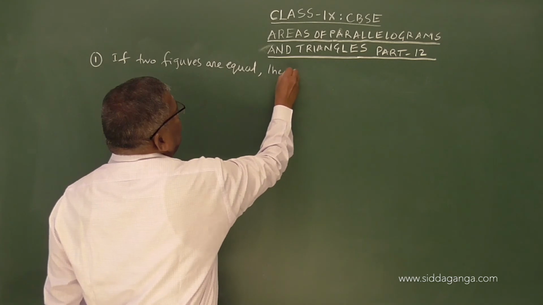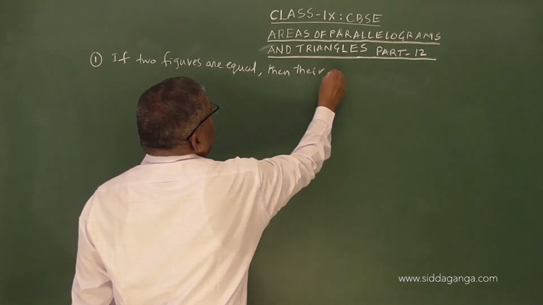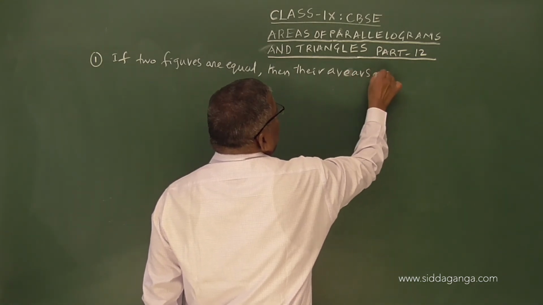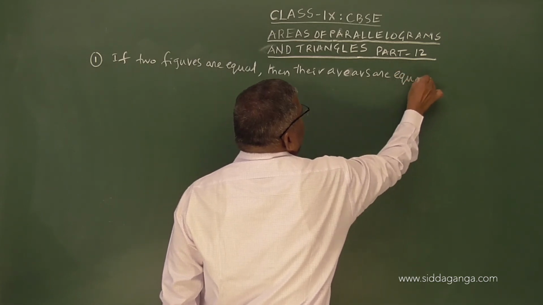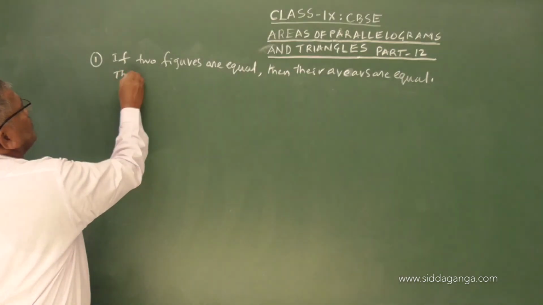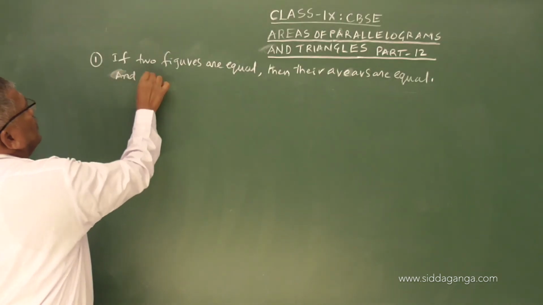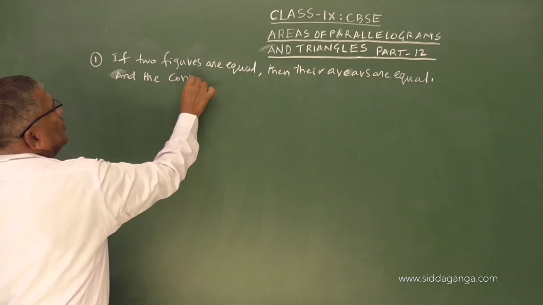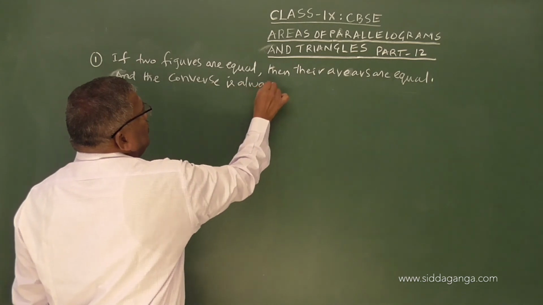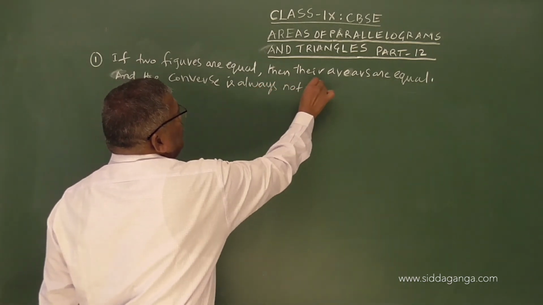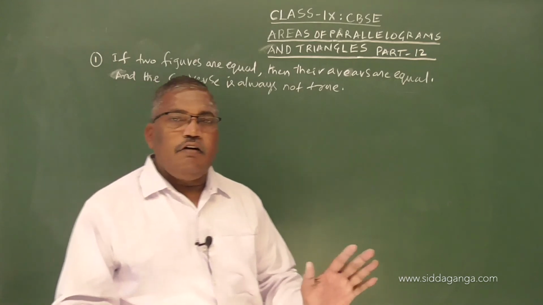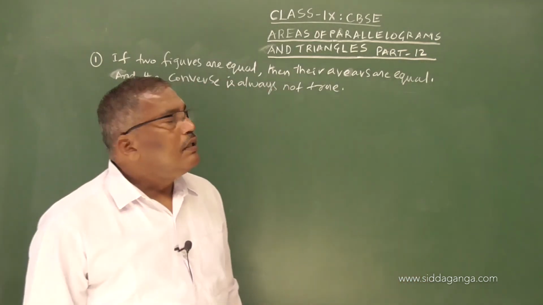And the converse is not always true. The areas may be equal, but the figures may not be congruent.